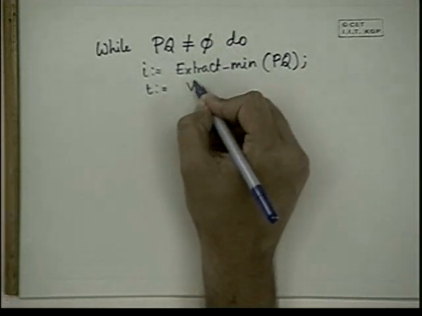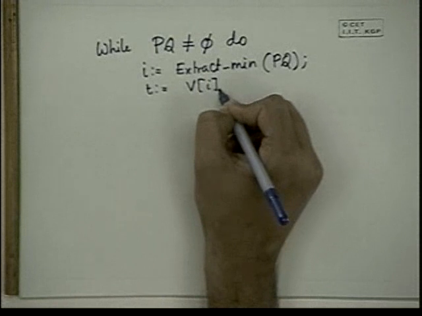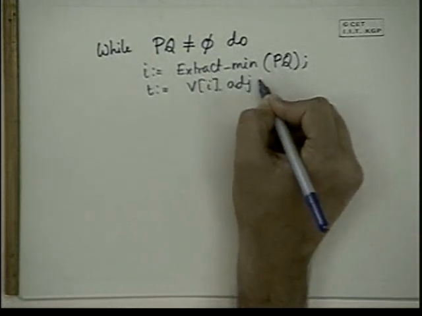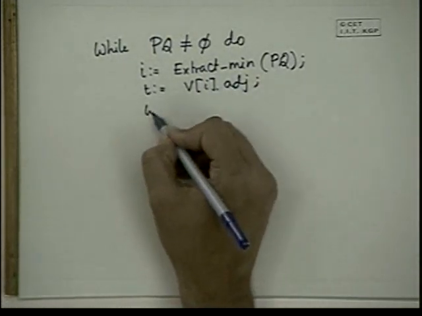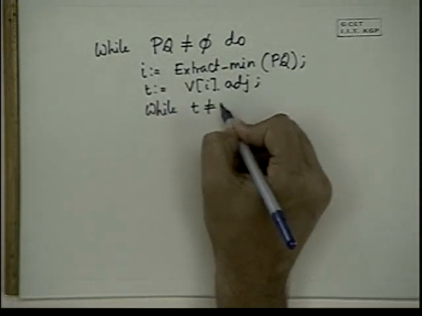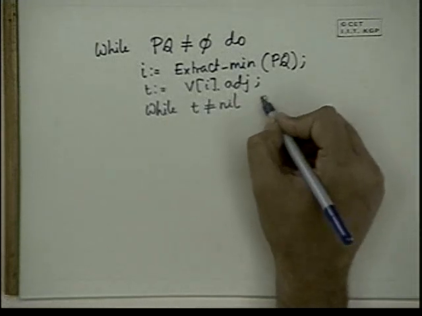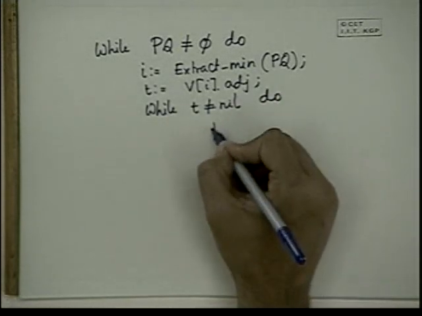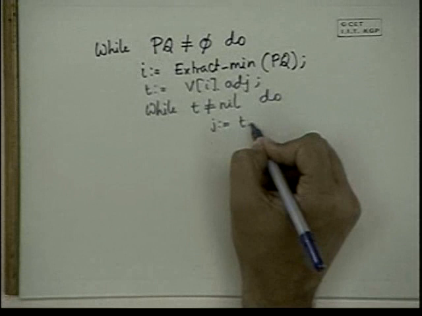t is equal to vi dot adj. While t not equal to nil, do j is equal to t dot v.